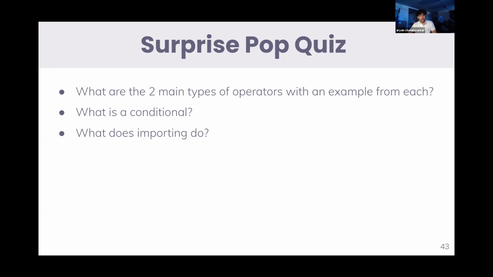If and else, that's a good guess, but that's actually the 2 types of conditions. So that actually answers the second question. But does anyone remember what the operators are? It has to do with if and else statements. No, true and false. No, that's another good guess, but that's just the Boolean values.